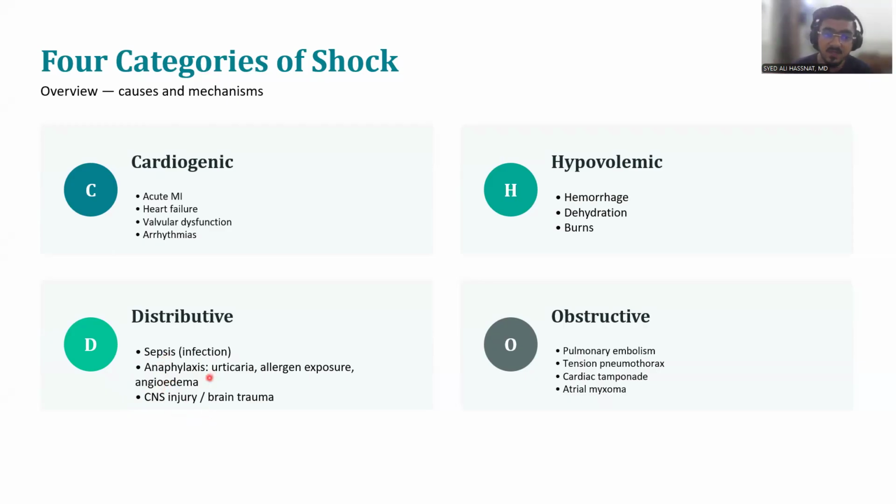Then there is anaphylactic shock, when the blood vessels get dilated because of an allergic reaction, with causes such as urticaria, allergic exposure, and angioedema. In obstructive shock, I personally divided it into two types, type A and type B. Type A is embolism and pneumothorax; type B is cardiac tamponade and atrial myxoma. Why I divided it into two types, you will get to know in a while.